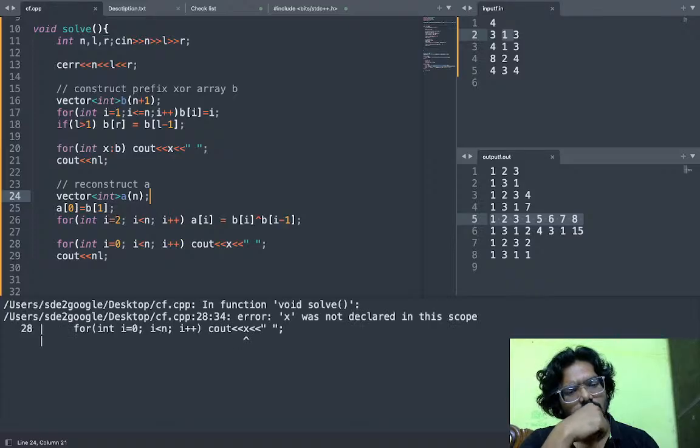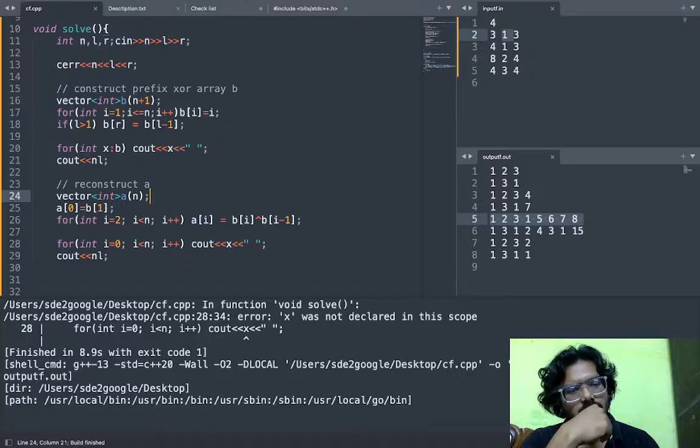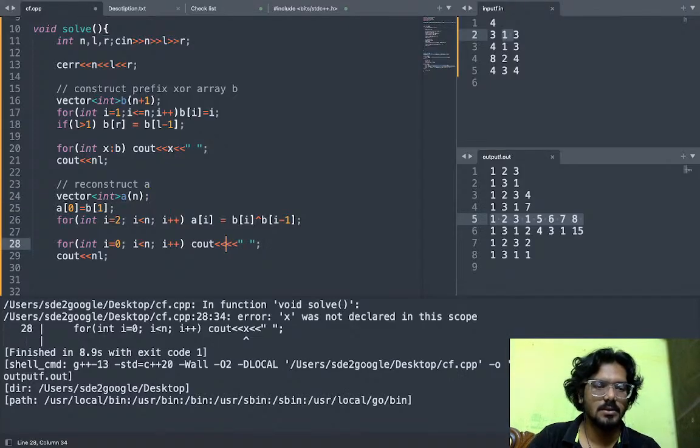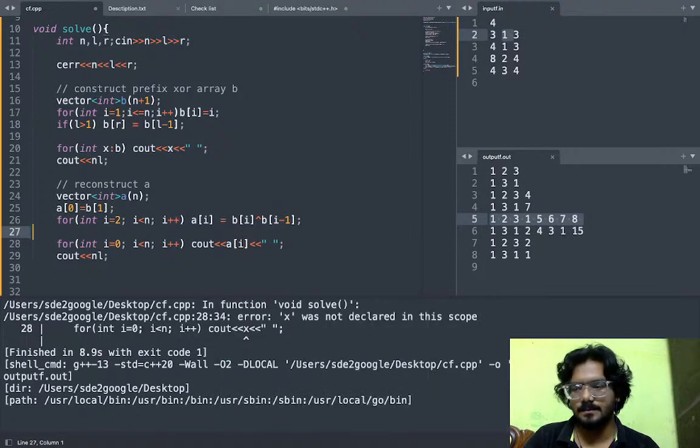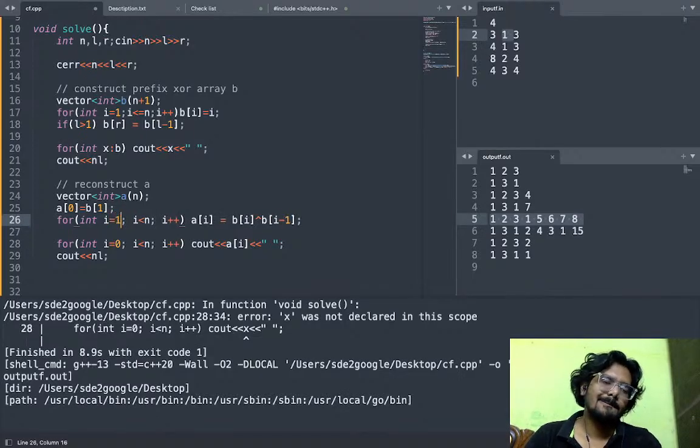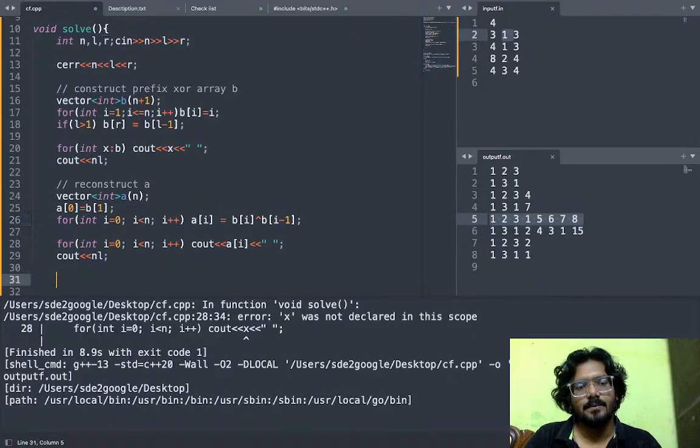No, this is wrong. The X was not declared in the scope. So yeah, X was declared in the scope. I just need to print A. This is one where I access 0th position of A. Okay. If I access 2, this will be minus 2.